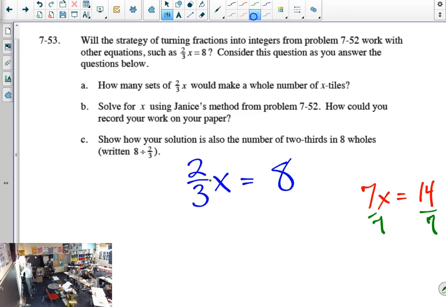So over here, that's still multiplication, right? 2/3 of x. Can't I just divide?